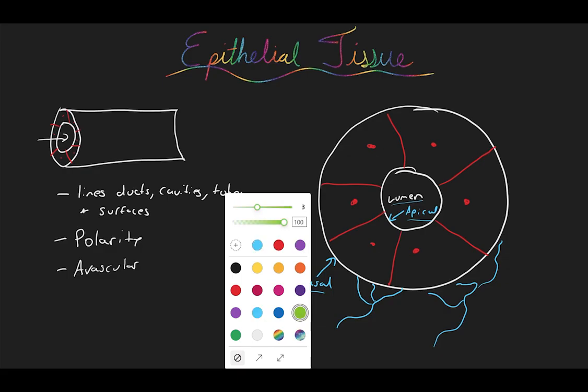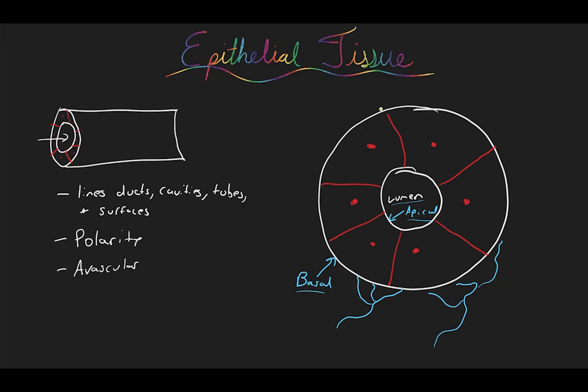Now that's because the epithelial tissue sits on a band of connective tissue and a band of proteins and glycoproteins. This band of proteins and glycoproteins is known as the basement membrane.